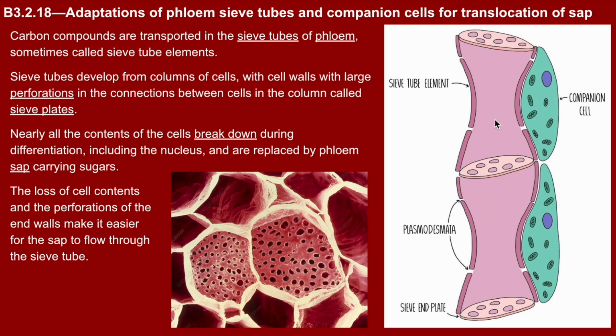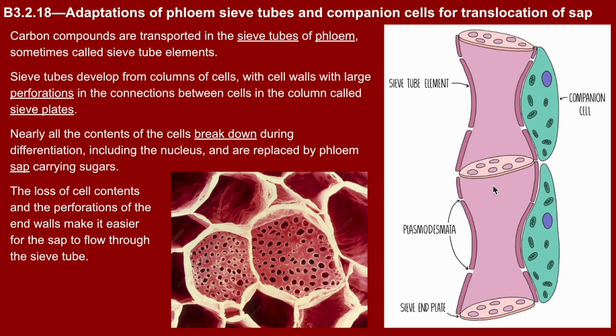Now, these sieve tube elements are separated by sieve plates. These sieve plates have large gaps, you can see here in this micrograph, allowing for easier movement of those sugars. Okay, they don't have lignified cell walls. They're just ordinary cellulose cell walls. And so the sieve plates also have the role of providing a little bit more structural support in the phloem because they are still connected.